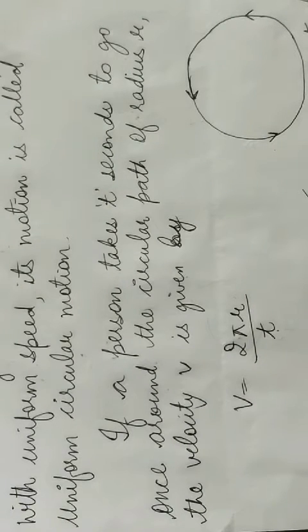Now, if we take a piece of thread and tie a small piece of stone at one of its ends and move the stone in a circular path with constant speed, then on being released, the stone moves along a straight line tangential to the circular path.